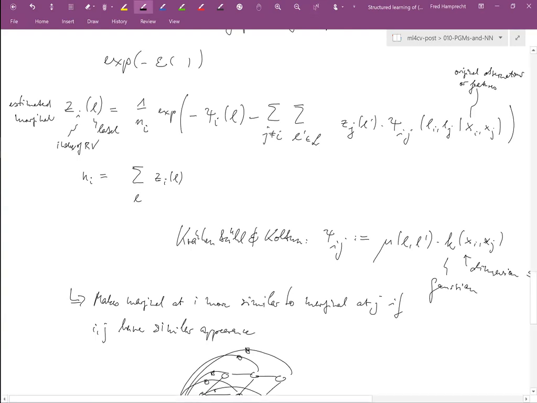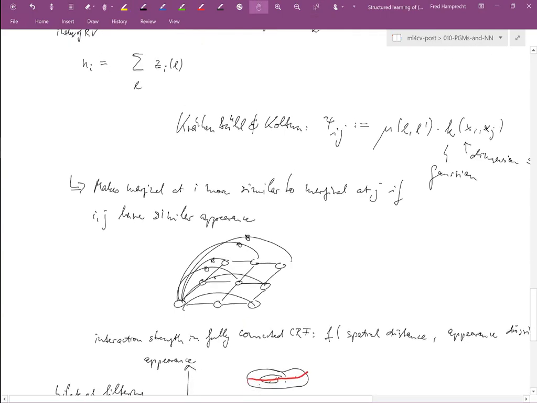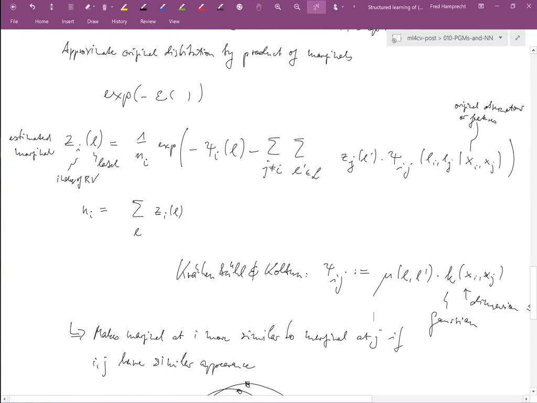If you look at this equation, let me write it out. I said that we have this compatibility function mu here, but this depends only on L prime, so we can exchange the order of summations and get something like the following.